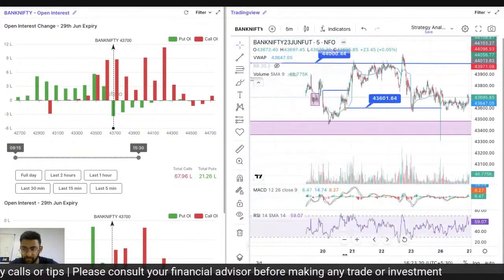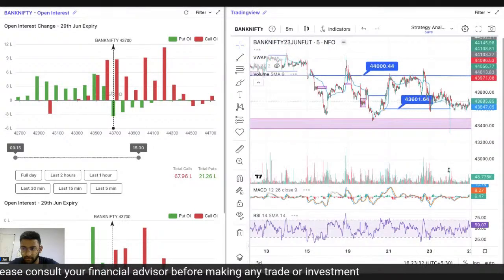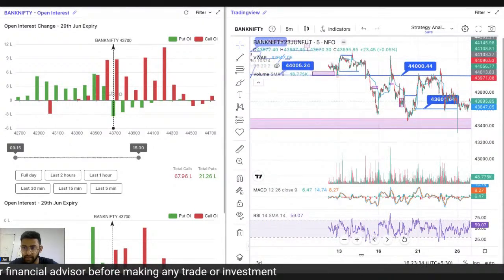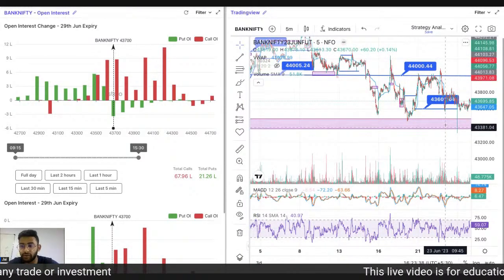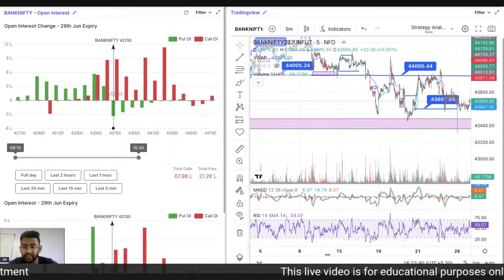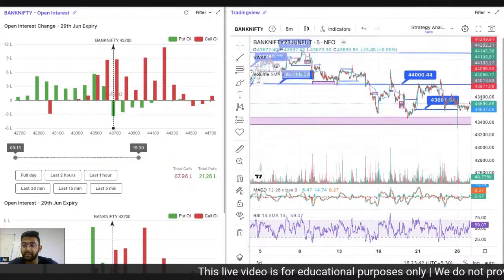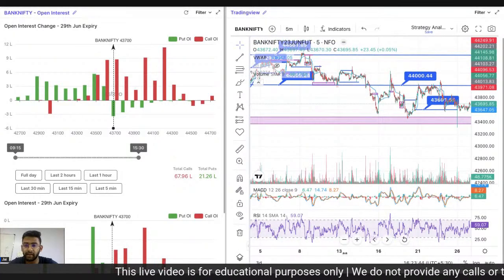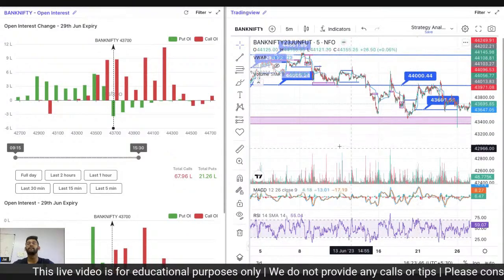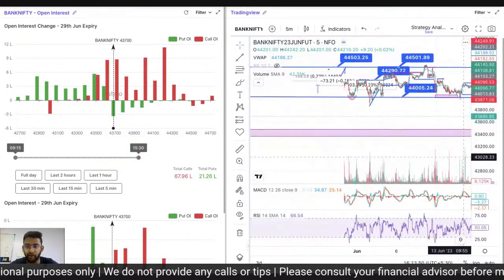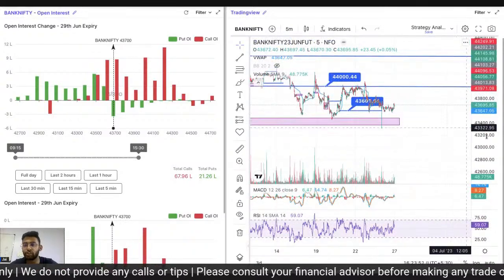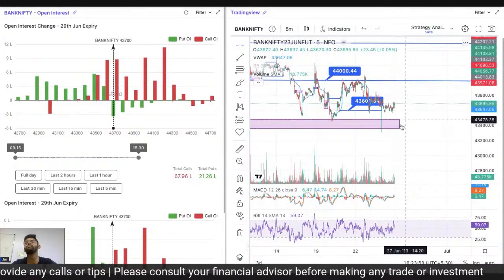If I just reduce the screen, you see from the 43,500 level to 43,450, 350 is a good range where the market has continuously been taking support. Even if you look further backwards, that is from where we have drawn a level, and it should continue to take support from this level.